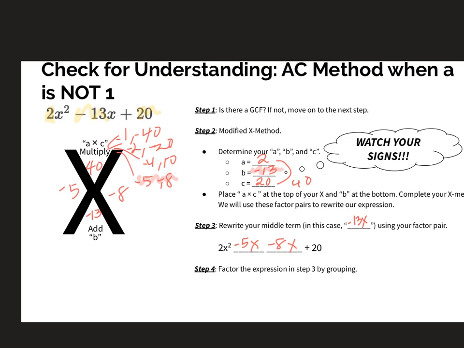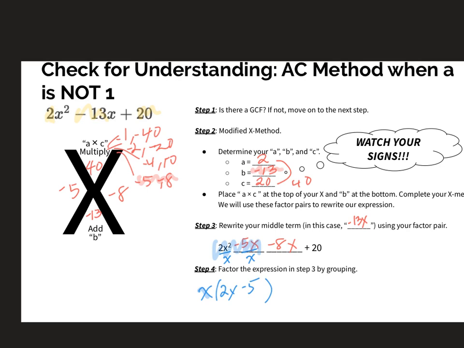This is going to be my first group that I'm going to factor out my GCF. When I look at 2x squared minus 5x, my GCF is going to just be x. When I divide out an x here and an x here, I end up getting 2x minus 5.